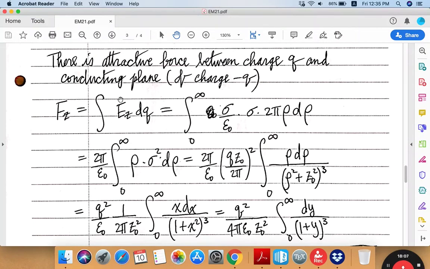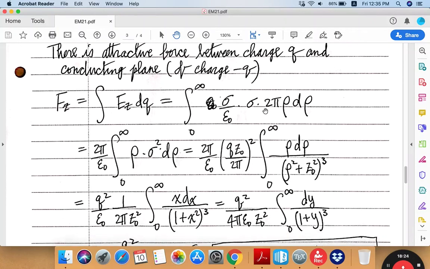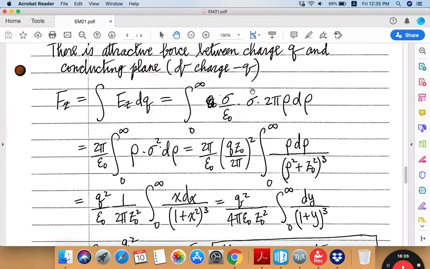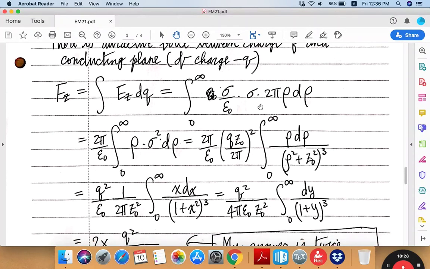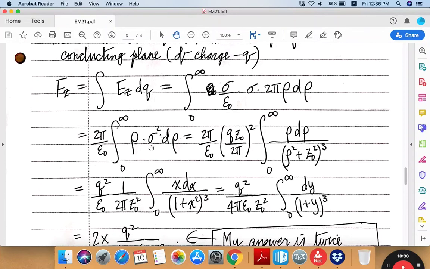And as I said earlier, this electric field along the z is directly proportional to the charge density. And the infinitesimal charge is also proportional to the charge density multiplied by the area element. So we end up having two factors of the charge density. So the thing to integrate over is this charge density squared multiplied by some geometrical factor.